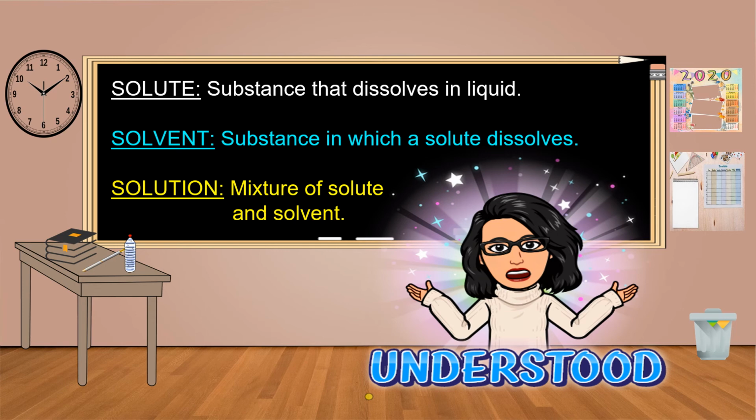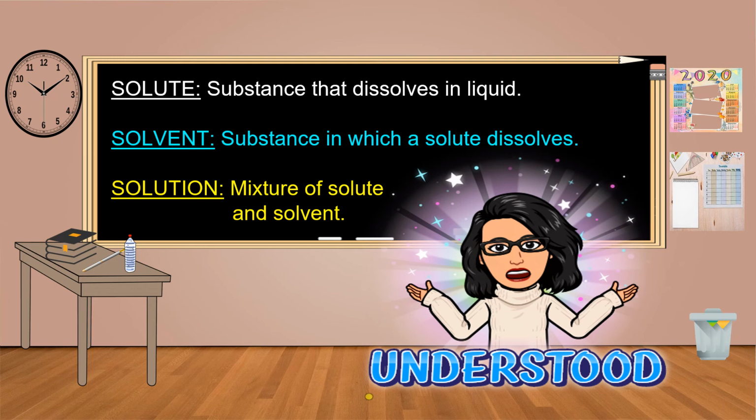Yes, students. Now let's come to the point that when we dissolve a solid like sugar or salt in water, then what happens? Or what do we call them? The solid substance like sugar or salt, they are called solute.